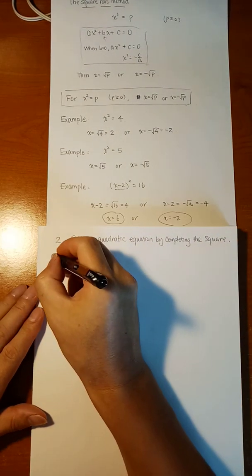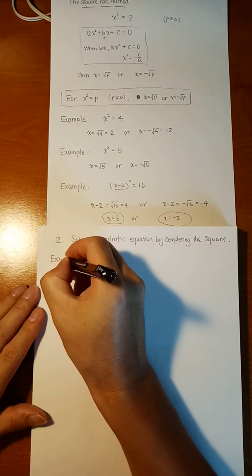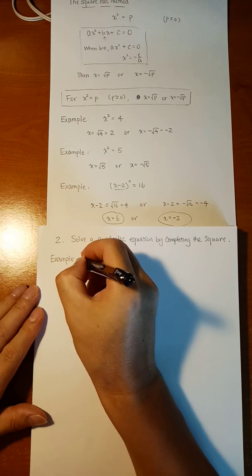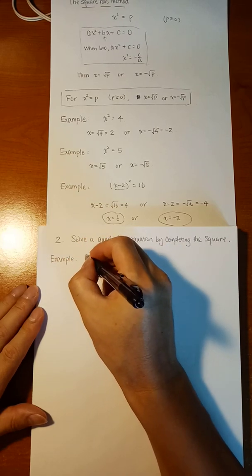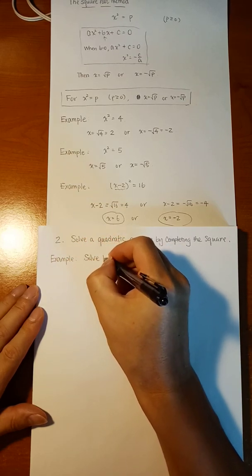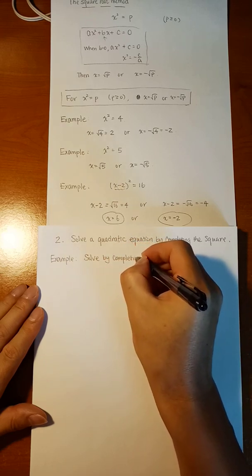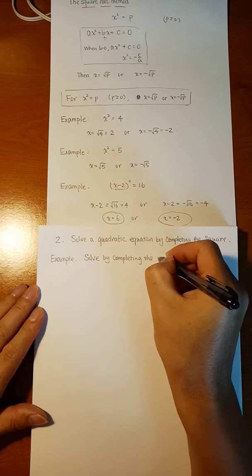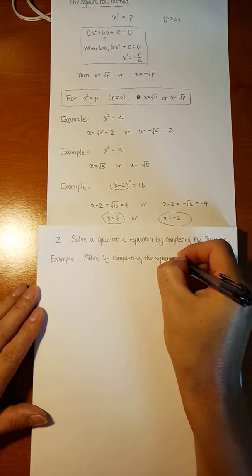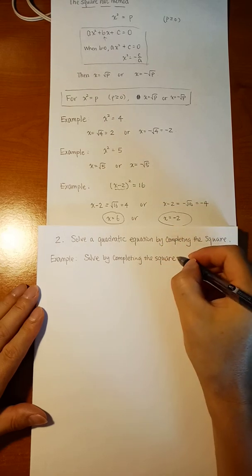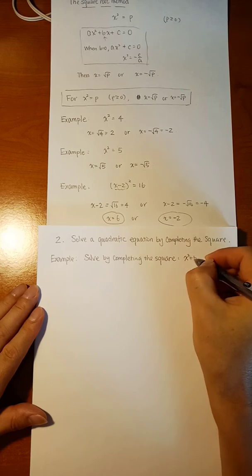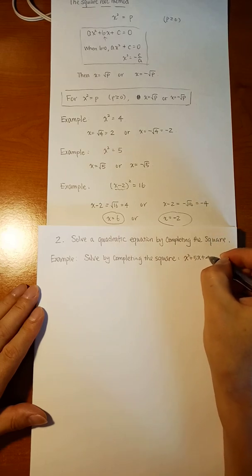We're going to do it by example. For example, we solve by completing the square x squared plus 5x plus 4 equal to 0.